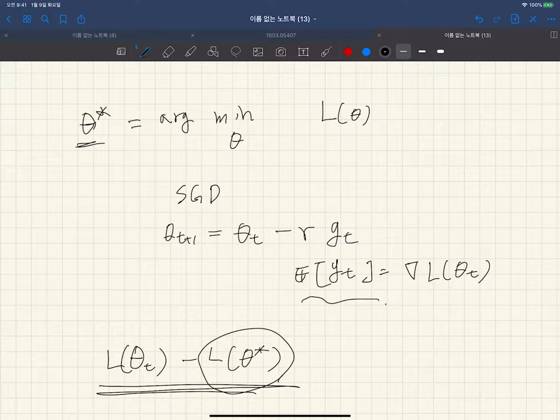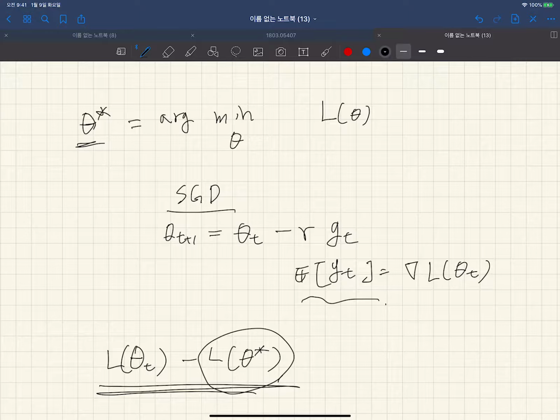So the SGD, stochastic gradient descent algorithm, is bad because it has some noise and you cannot converge to your best point. So in terms of optimization, stochastic gradient descent is pretty bad.